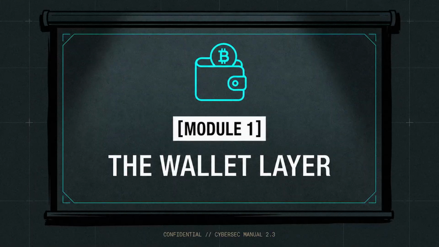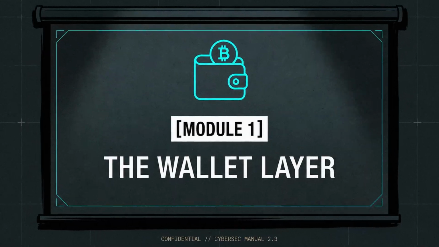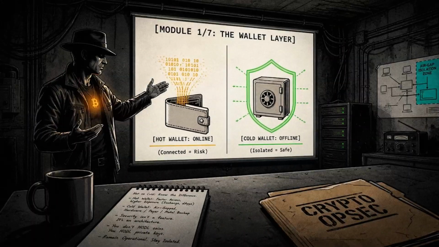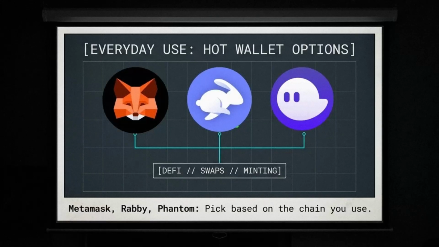Address the wallet layer. There are two types of wallets that we can generally divide our crypto wallets into: hot wallets and cold wallets. Hot ones are connected to the internet, they're convenient, and they are higher risk. On the other end, there are cold wallets: offline, less convenient, dramatically safer for storage. The action plan is as follows.